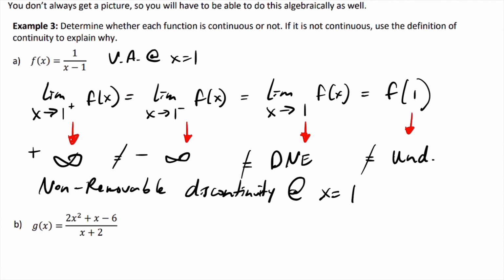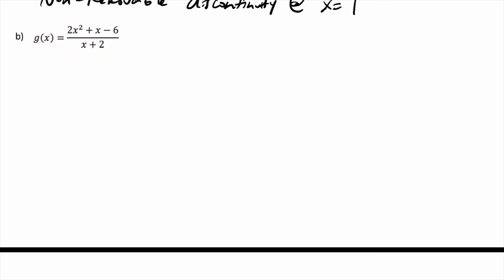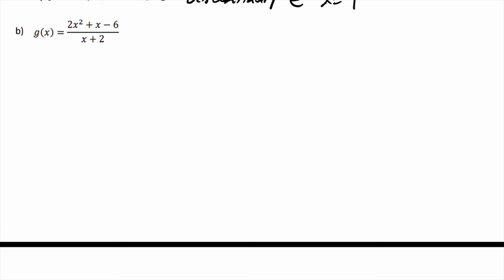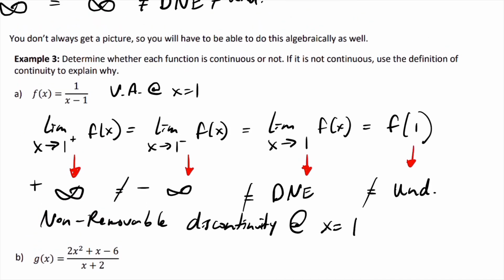All right, let's do the next one. Let's do B, g of x. So before I start, what should I do first? Like the first one. The first one I saw, we knew there were going to be vertical asymptotes there, right? So we investigated. We're like, okay, at 1, is there going to be any more? Okay, that was the pre-work, right?